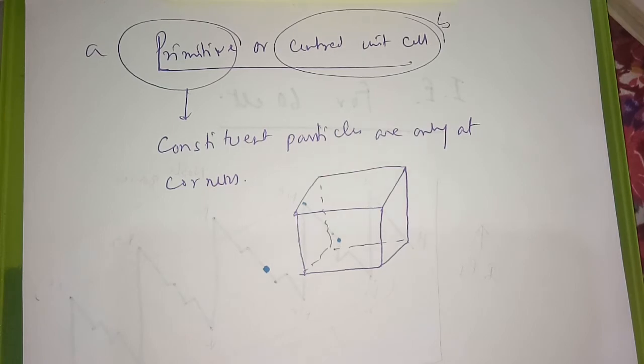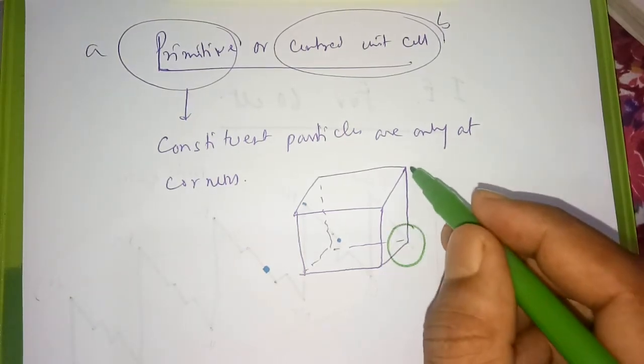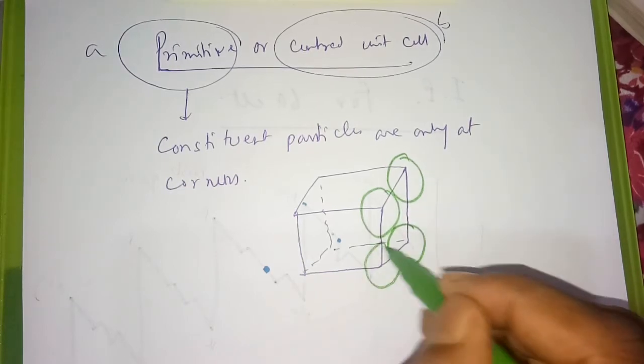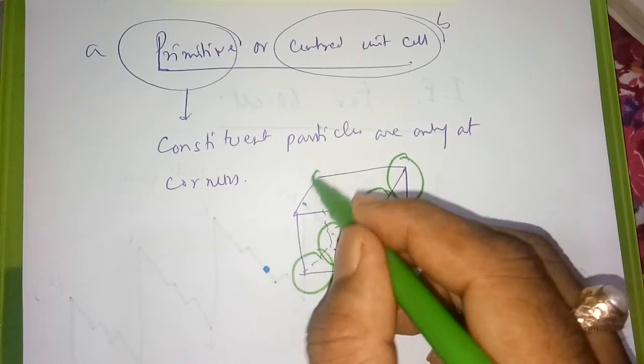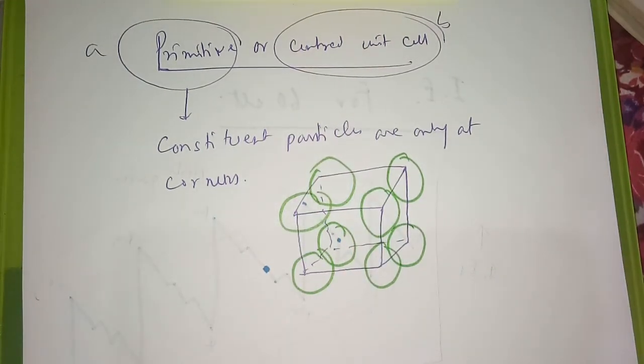Now how many corners does a cube have? 8 corners. So constituent particles are in this corner, this corner, this corner, this corner, this corner, this corner, this corner. In all 8 corners we have the constituent particles.